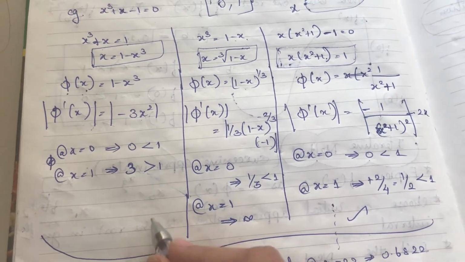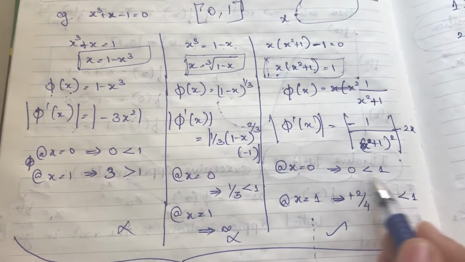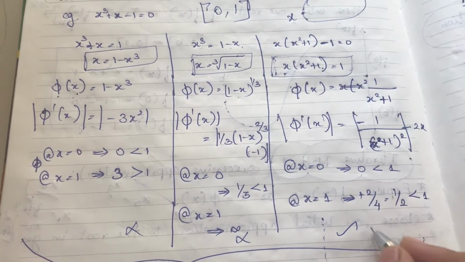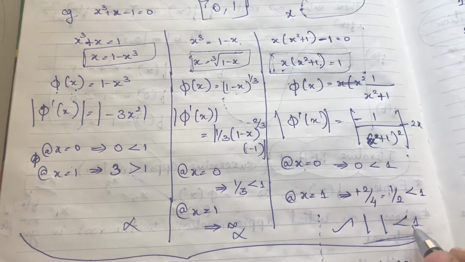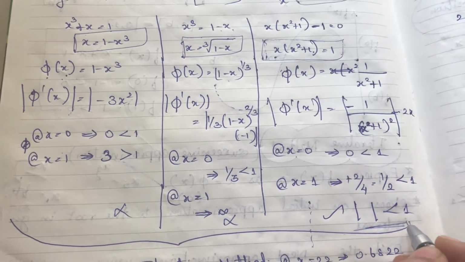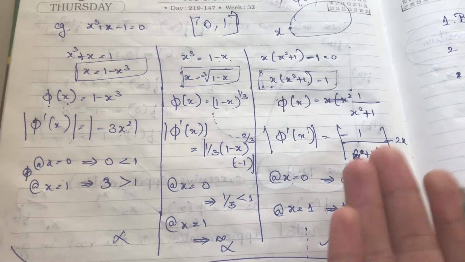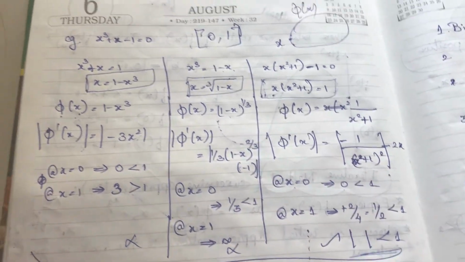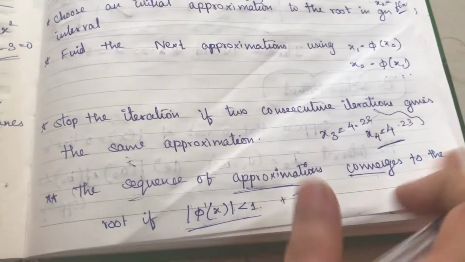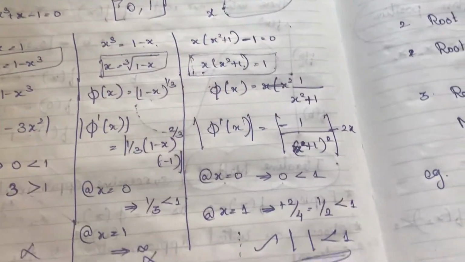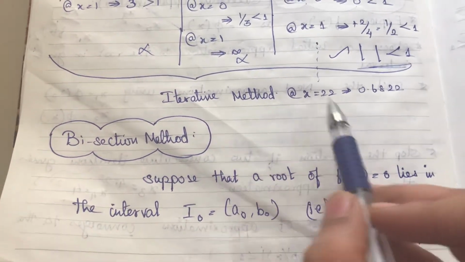So just remove or don't consider these two. And you can see the both are less than 1. So the modulus is less than 1 here for both the roots, for both the intervals. This is what the sequence of approximation is.